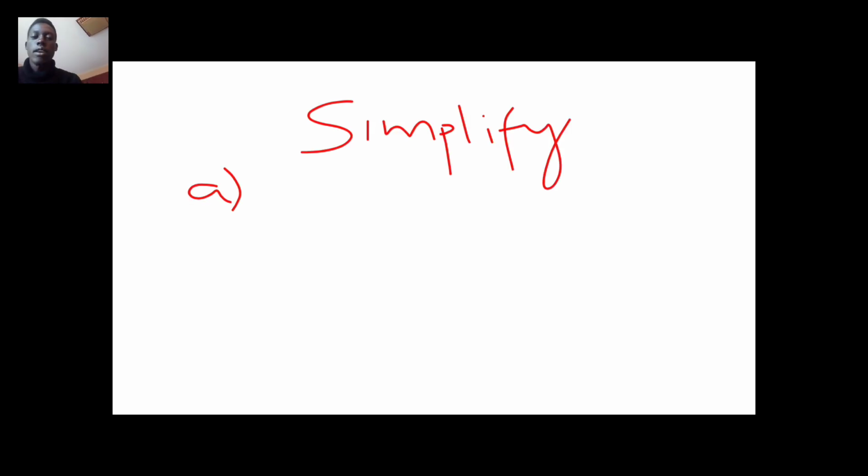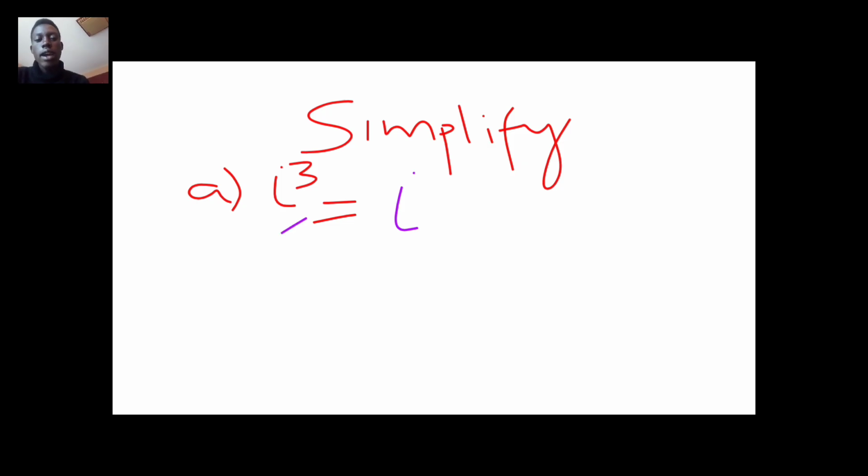How to simplify complex numbers. Assuming you are given a complex number i raised power 3. So how do you simplify this? You say that this one is equal to i. So in indices, numbers of the same base, you add their powers.